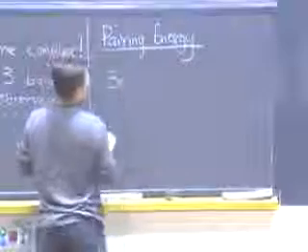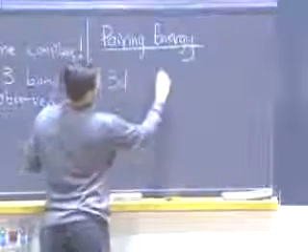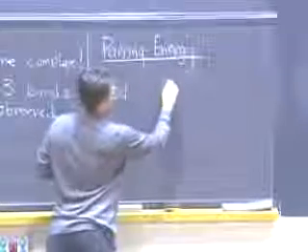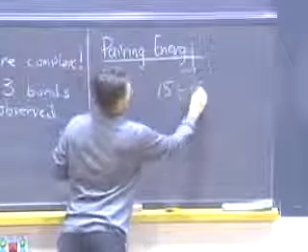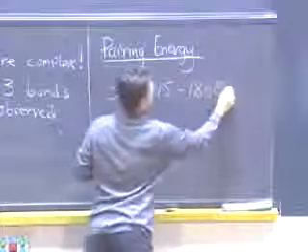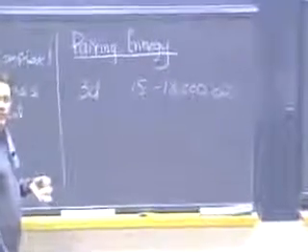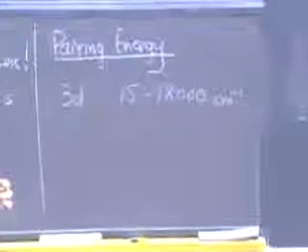In the case of 3D systems, we typically find that the pairing energy is around 15 to 18,000 reciprocal centimeters, which is the typical energy unit given for pairing energy.